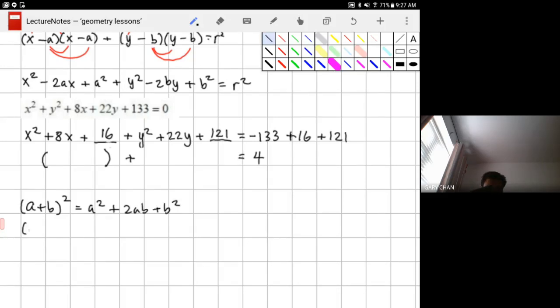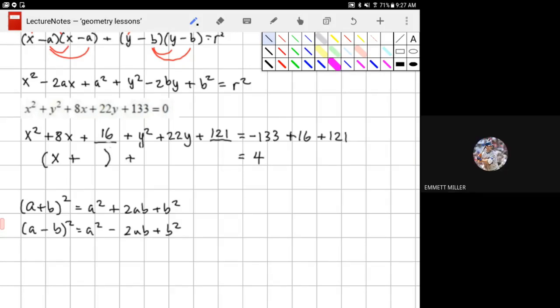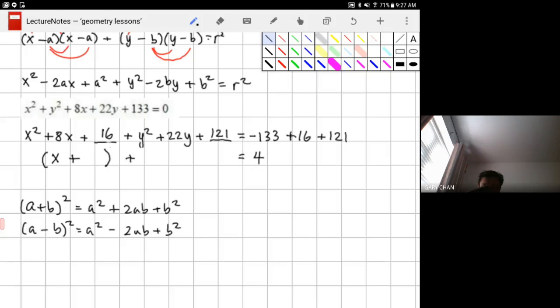And the other one was a minus b. So is it going to be x plus or x minus in this case? Plus. It's got to be x plus. So it's x plus what? 4. X plus 4, quantity squared.